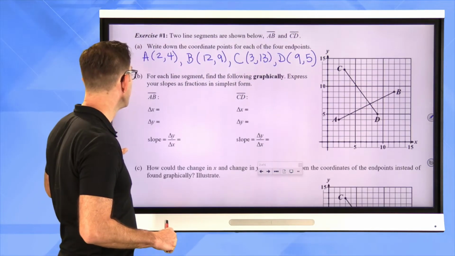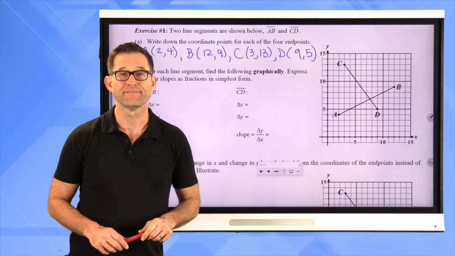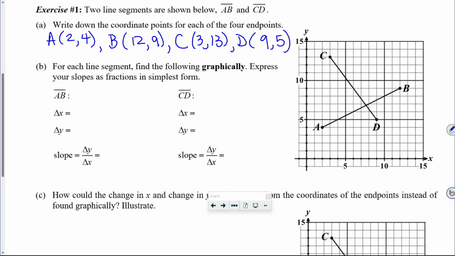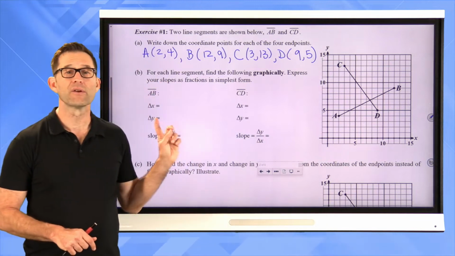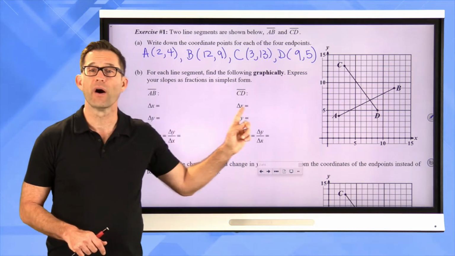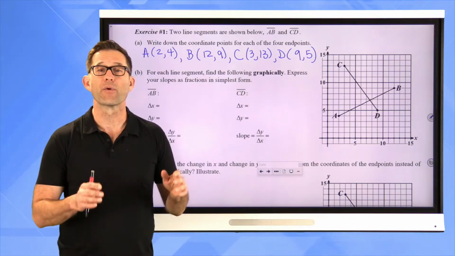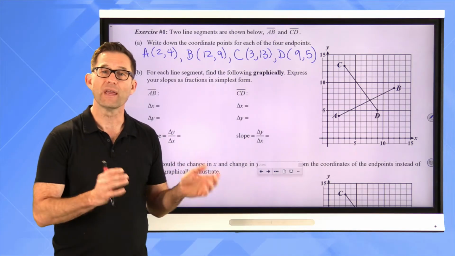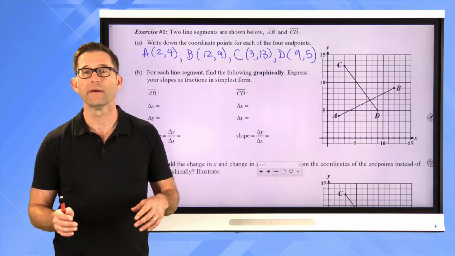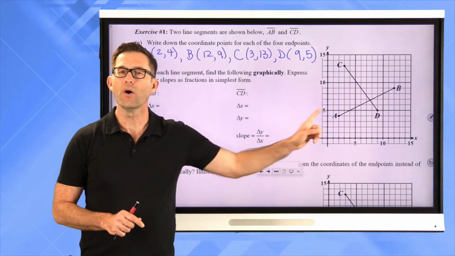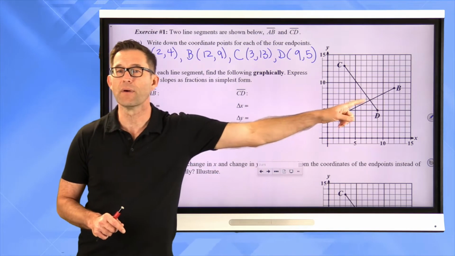All right, now let's take a look at letter B. For each line segment, find the following graphically. Express your slopes as fractions in simplest form. Now remember, when we have these little triangle symbols sitting in front of our variables like x and y, those stand for the change in x, the change in y, etc. So let's hone in simply on segment AB.